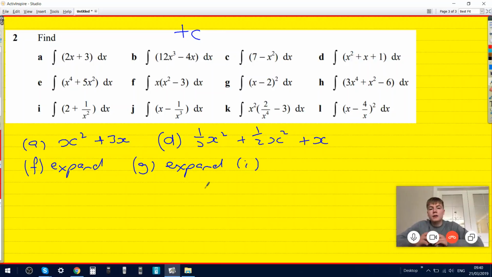You have to put it back into index 5. Yep. So, does it just become x to the minus 2? Yep. So that is the integral of 2 plus x to the minus 2. And so what is that?